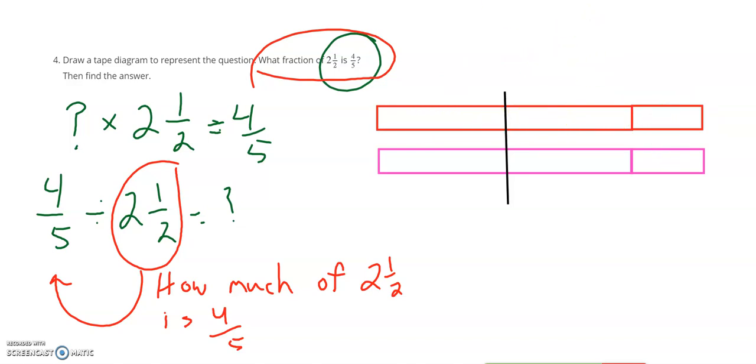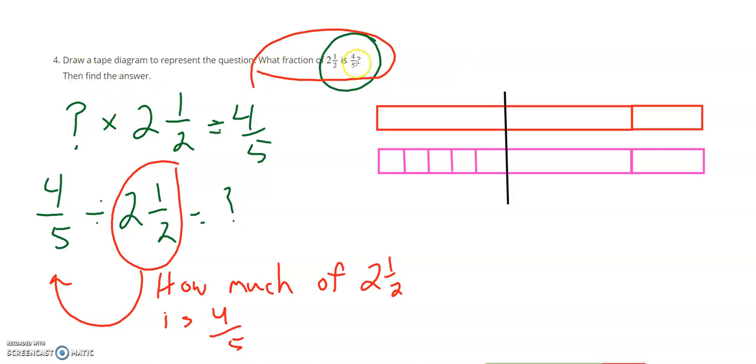So on top we have 2.5. On the bottom we need 4/5. If we're drawing fifths, we need 4 lines. 1, 2, 3, 4/5.